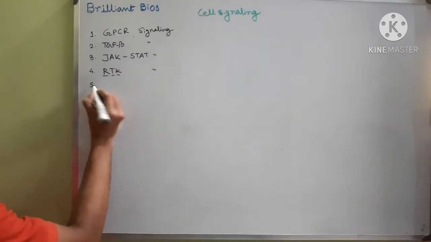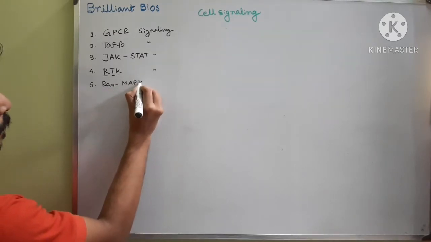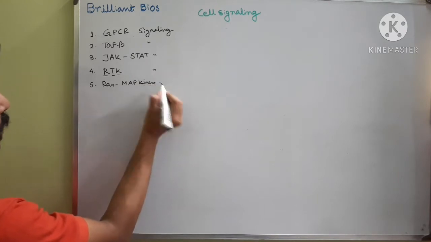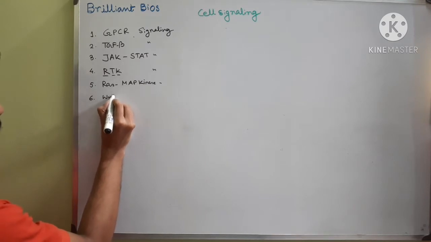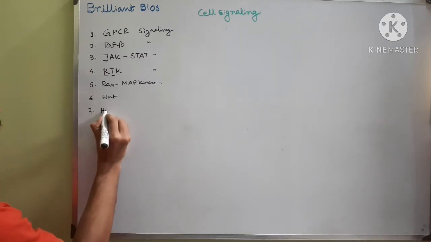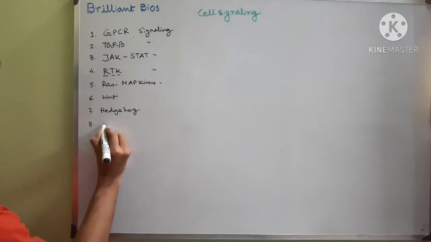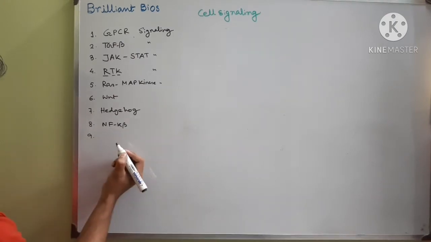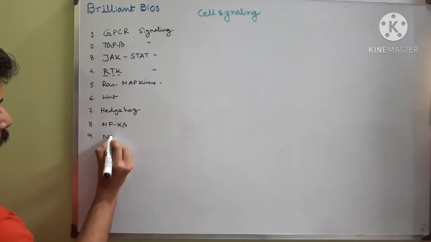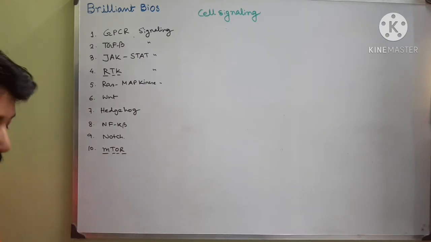The fifth is the RAS MAP kinase signaling pathway. The sixth is the WNT pathway. Seventh is the hedgehog pathway. Eighth is the NF kappa B pathway. Ninth is the notch pathway, and the tenth and last is the mTOR pathway, that means mammalian target of rapamycin.